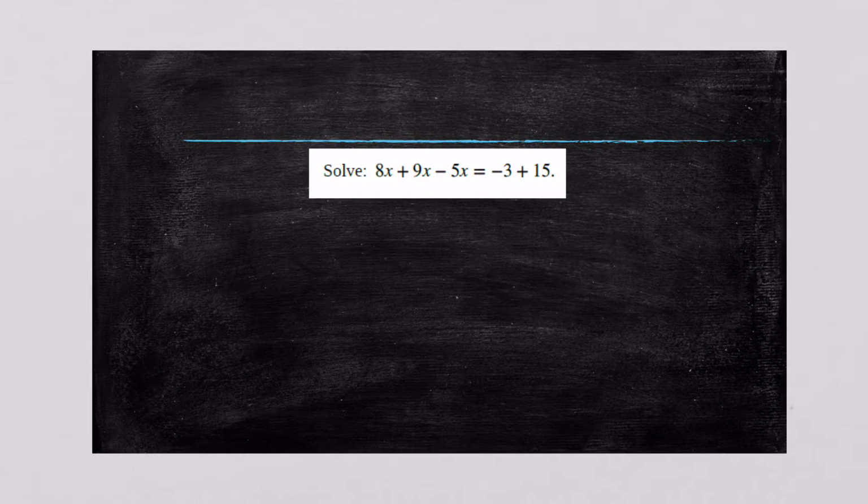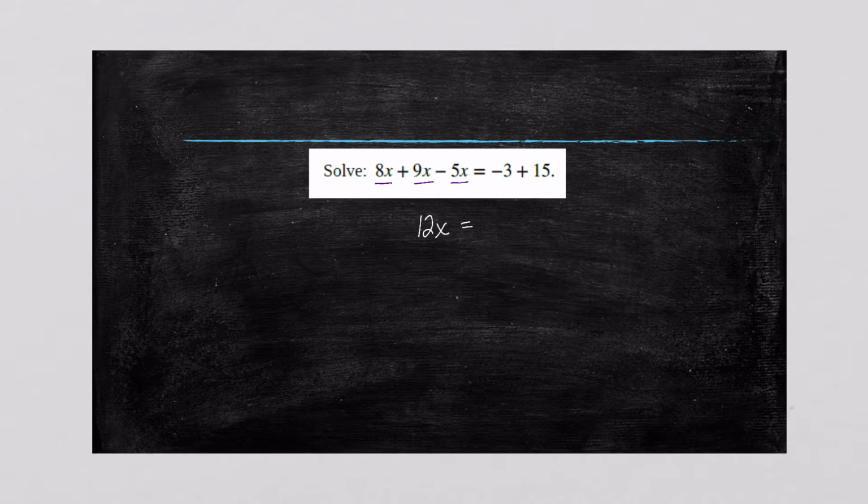All right, so with a problem like this, you have to combine some like terms before you do anything else. So on the left side, this, and this are considered like terms. They all three have variables of x. So when you combine 8x plus 9x, you get 17x. 17x minus 5x is 12x.